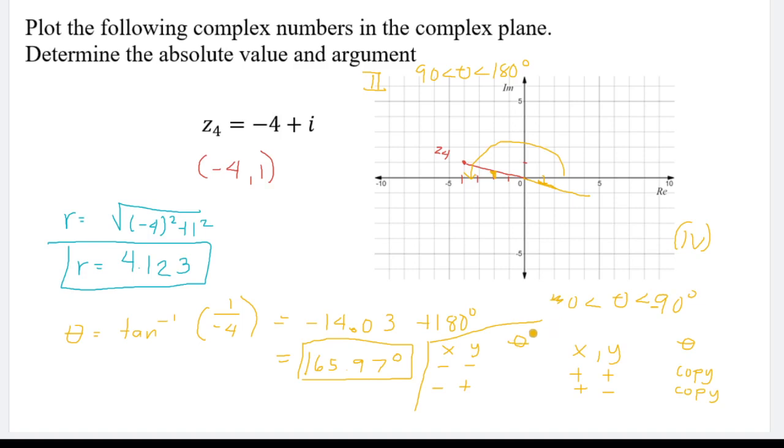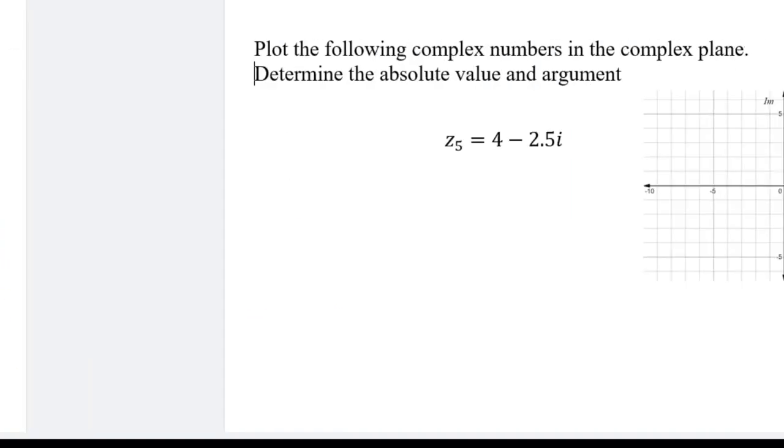We just add 180 degrees. If they are both negative, you just subtract 180 degrees.